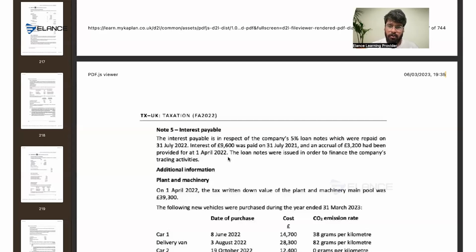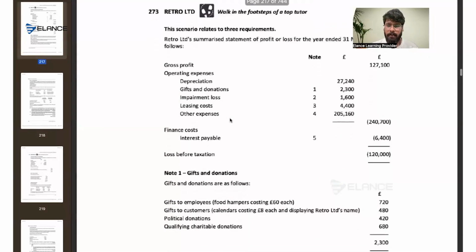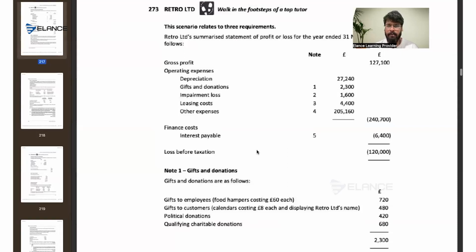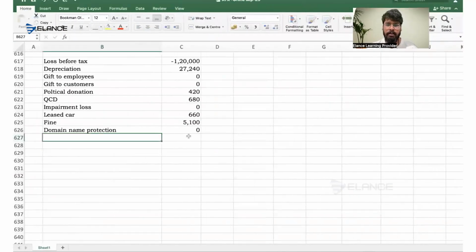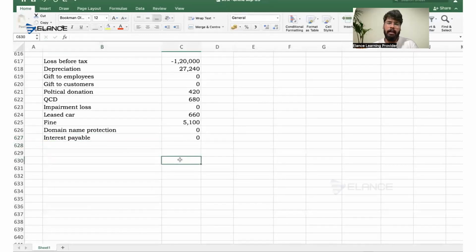Interest payable of 6,400 is already deducted in the profit or loss account, and it's a trading related expenditure, so we don't need to make any further adjustment. Interest payable is an allowed expenditure, so we only need to mention it with a 0 in the calculation.